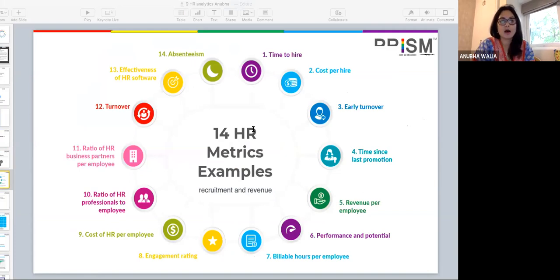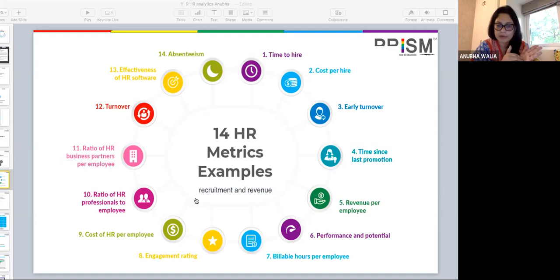So we know that HR can actually help to track down and measure the performance on different aspects, right? So when we see these HR metrics examples, specifically on the recruitment side, we see time to hire, which is time in days, and we did a very deep dive session into it.